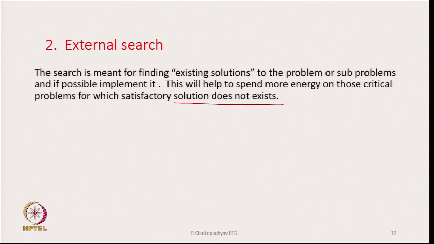So, initially we try to find out a solution that already exists, and to find it we have to consult experts, consult the patent literature, or read different journals.